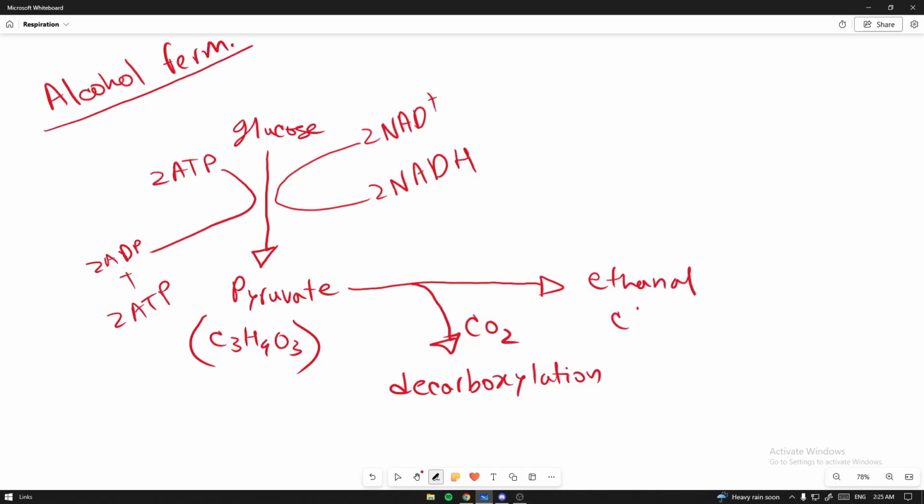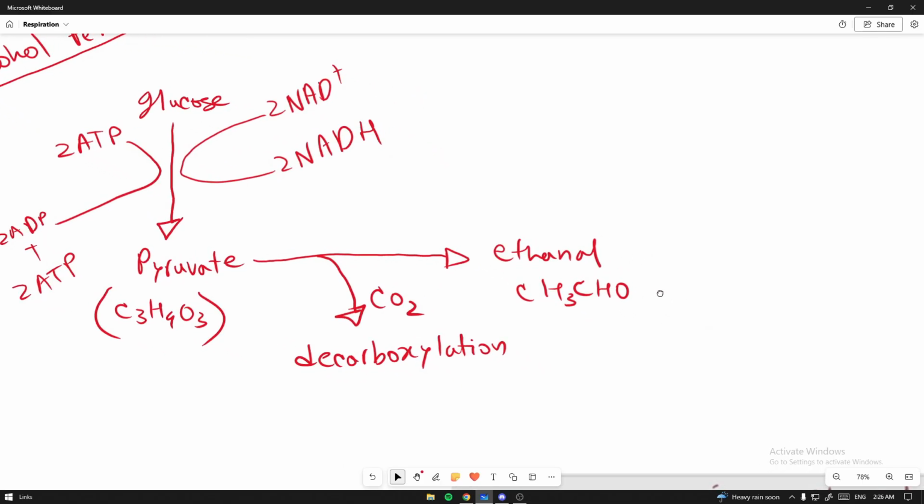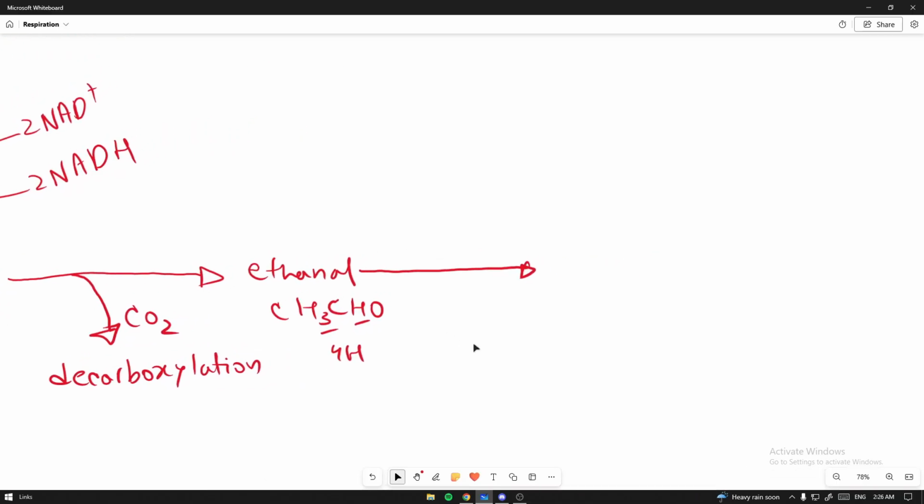It's gonna form ethanal, CH3CHO. Okay. Now, as you can see, one hydrogen here, one hydrogen here, we got four hydrogens here. The ethanal is gonna get turned into ethanol, which is C2H5OH.